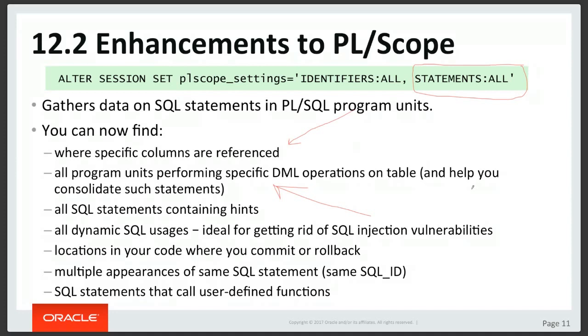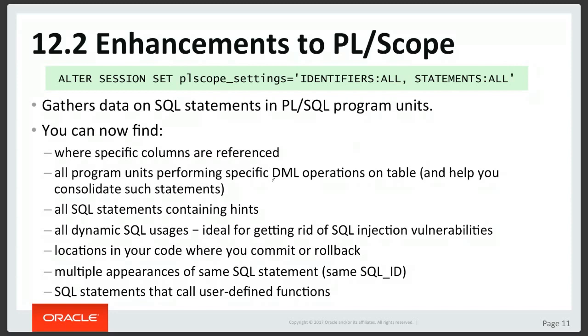Now, I'm a strong proponent of building APIs around my code. And what that means is that the objective should be that for every table, every insert into that table should appear just once in my code. There should be one insert into the employees table. It should be inside the insert procedure or some business entity on top of the insert. For example, add employee, which does an insert into the employees table and perhaps sets up some history information.